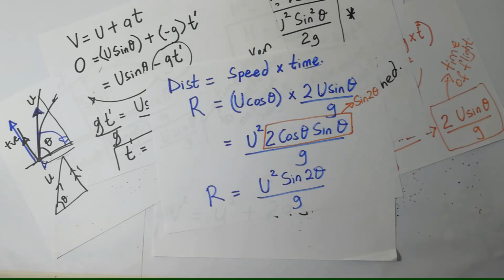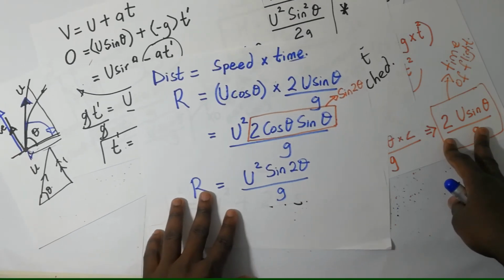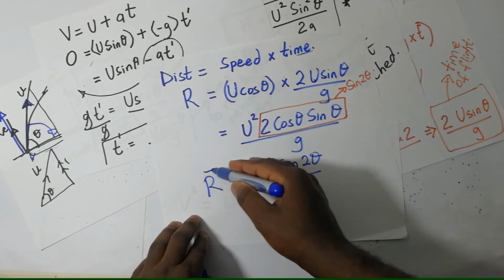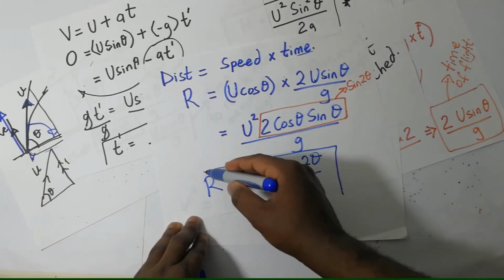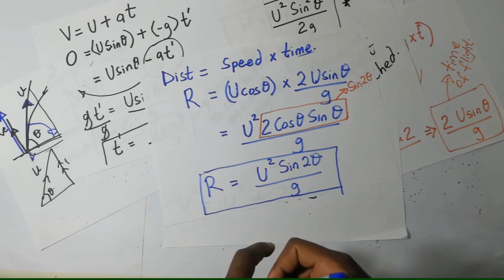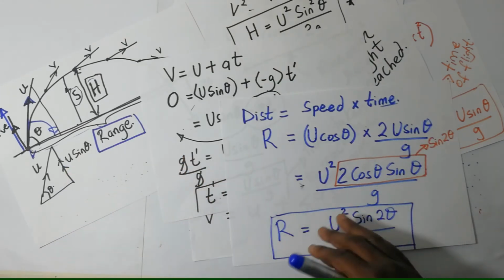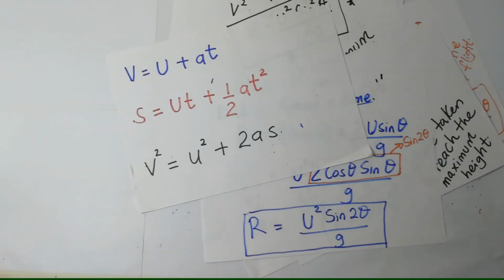Not all questions that we are going to do about projectile motion are going to require us to use these formulas that we have derived. Sometimes the formulas may not apply, and you will need to reason out a number using the approach that we have used in this video. I'll give an example.